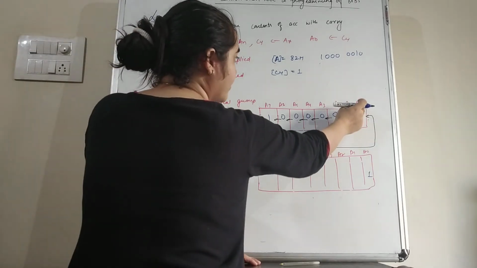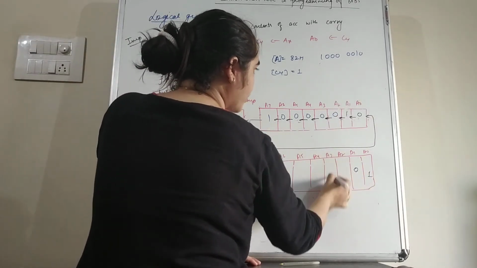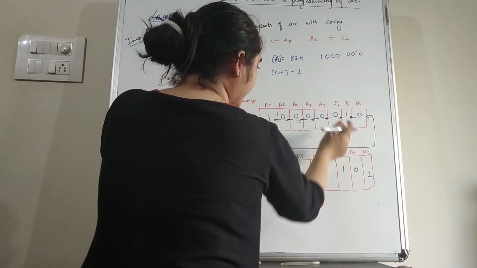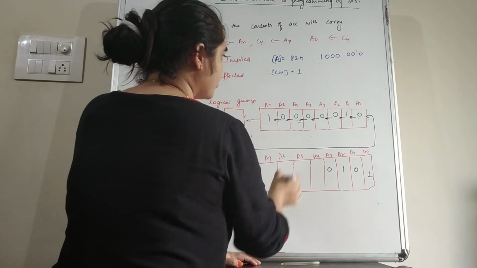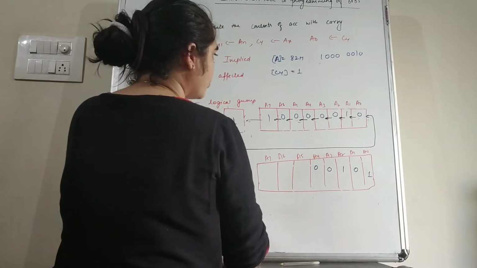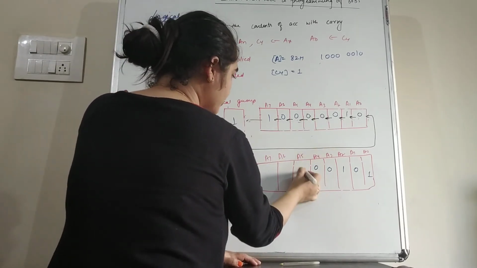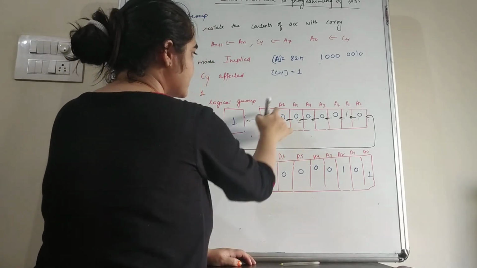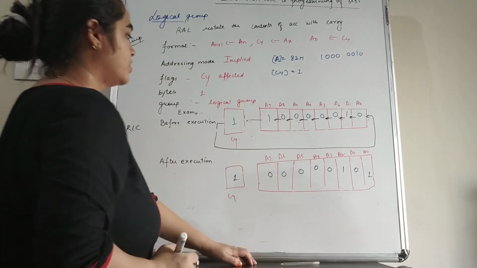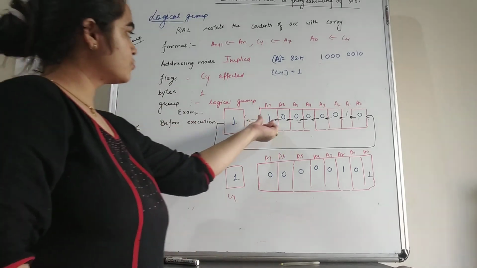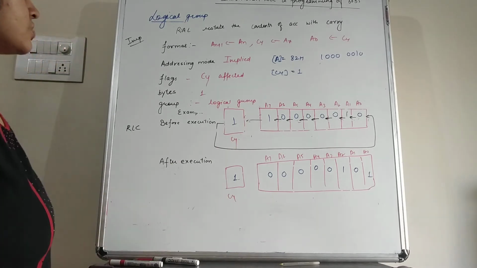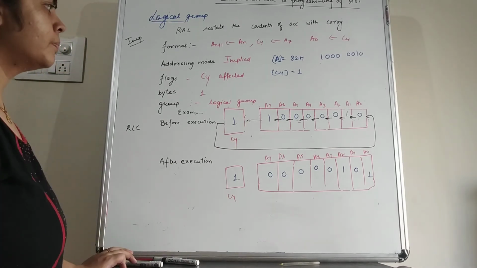So students, the value of A0 is now shifted to A1, the value of A1 to A2, A2 to A3, A3 to A4, A4 to A5, A5 to A6, and the value of A6 will be shifted to A7. So that means 1 we can shift here, and this 1 we can shift at the end, and all the rest of the values we can shift 1 position left.